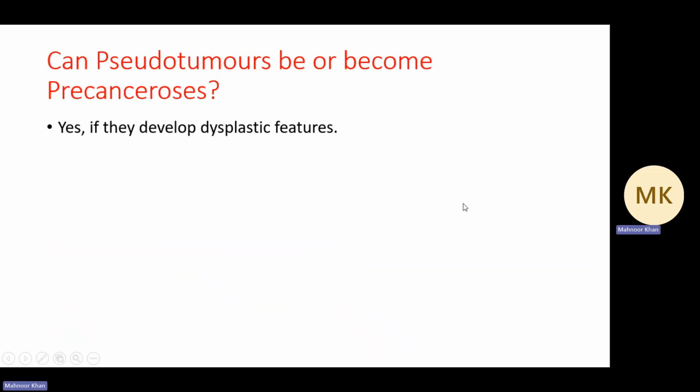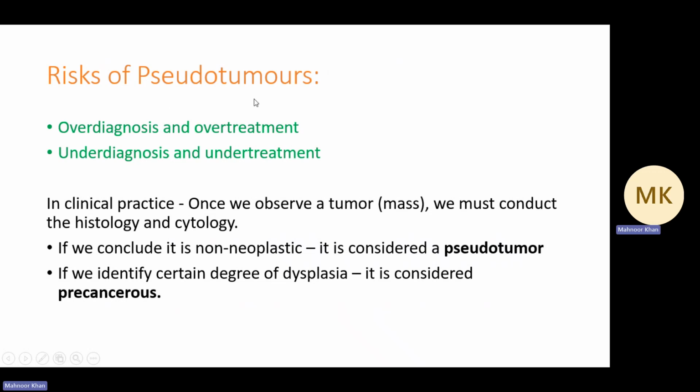Okay, so now the question is, can pseudotumors become precancerosis? Well, yes, they can if they develop dysplasia, dysplastic features. They can definitely become precancerosis or cancer, and they can progress to cancer. That's why histological diagnosis is very important. And what is the risk of pseudotumors?